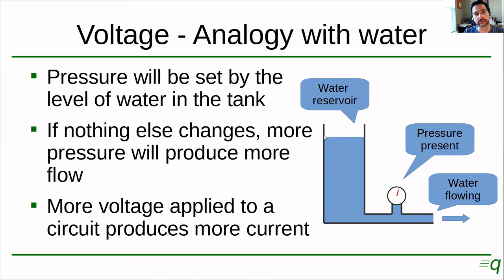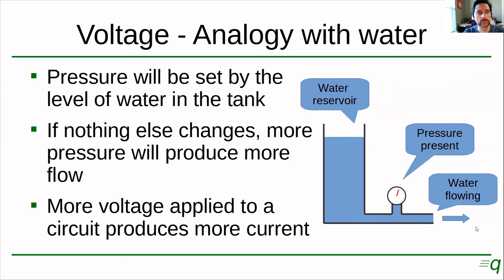The higher the level of water in the tank, the higher the pressure and the more water you're going to have flowing here. The same happens in electricity. The higher the pressure or the higher the voltage, the higher the current, assuming everything else stays the same.